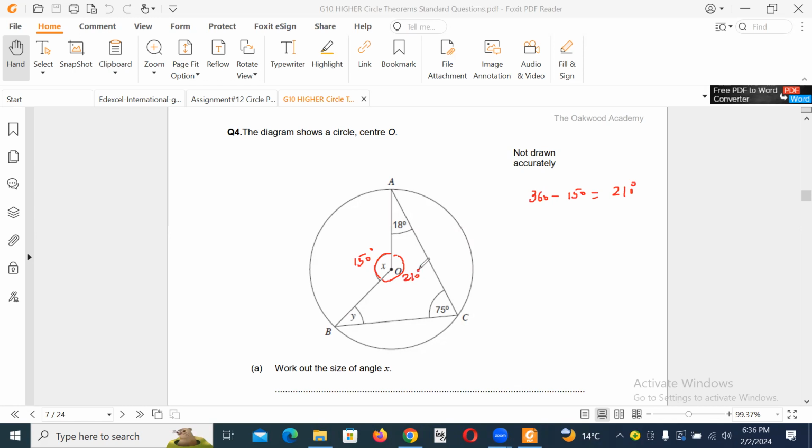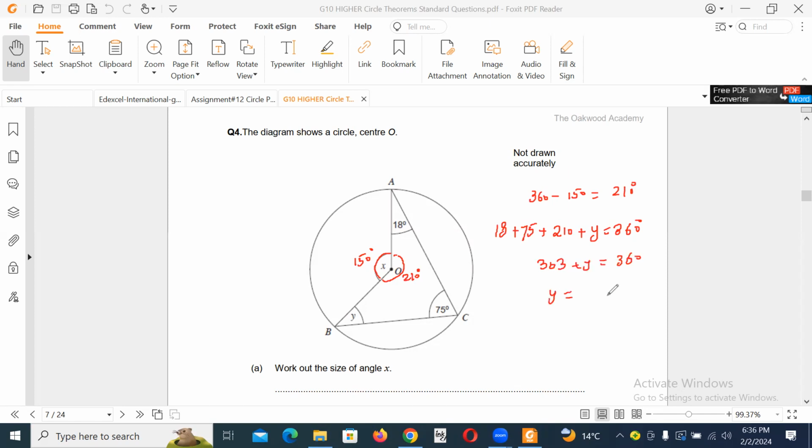Now if you check B, C, A, and O, meaning O, A, C, B represent four corners, we have a quadrilateral, and the sum of interior angles of a quadrilateral is always equal to 360. So we can say that 18 plus 75 plus 210 plus y is equal to 360. 18 plus 75 plus 210 gives me 303, plus y is equal to 360.